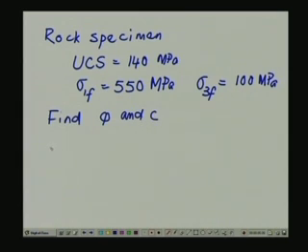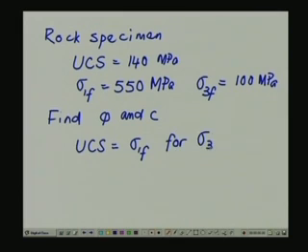So how do we proceed? We first take a look at the equation that I derived, noting that UCS is essentially equal to sigma 1f for a case where sigma 3f, or the minor principal stress at failure, is equal to 0.